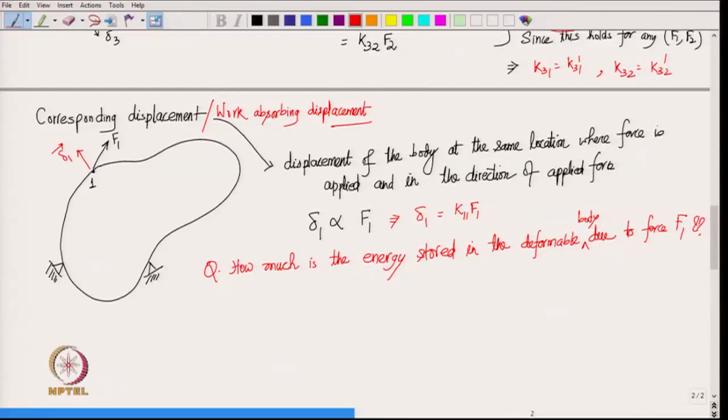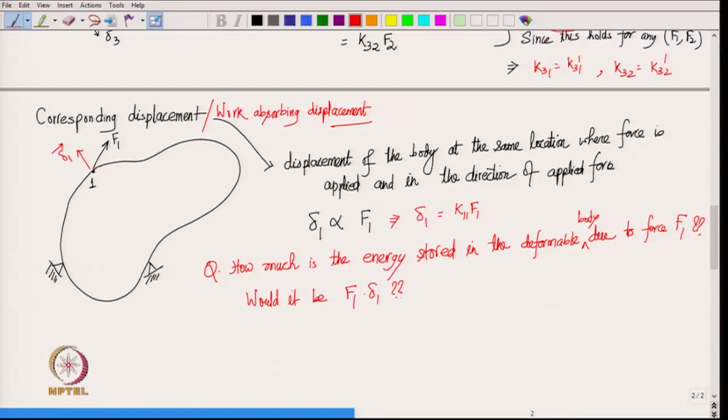Will it be F1 into delta 1, the corresponding displacement? So, question, would it be F1 into delta 1?